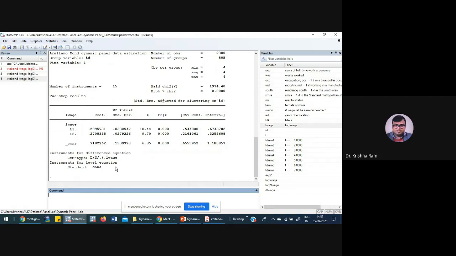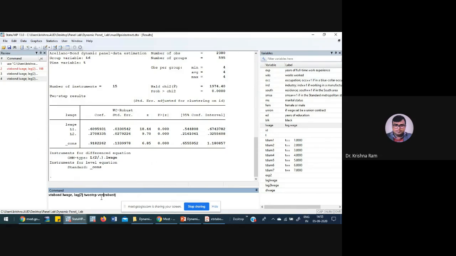So to get rid of that, we restrict Stata to use only a certain number of instruments. And how do we do that? We put a cap by placing an option.